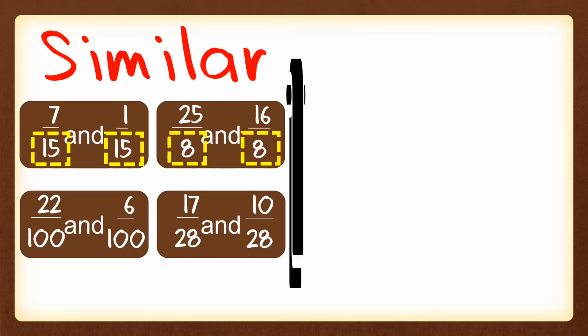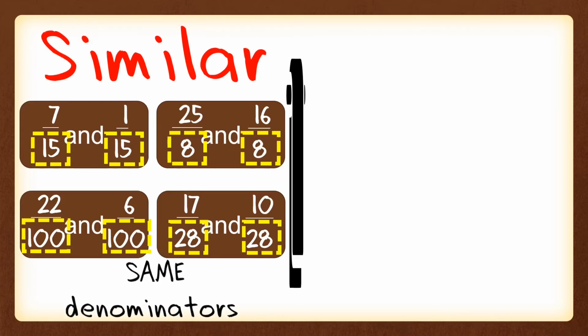For our next, a denominator of 8, a denominator of 100, and for the last sample, a denominator of 28. And if you look at the denominators, they are the same, so all of my samples are similar fractions.